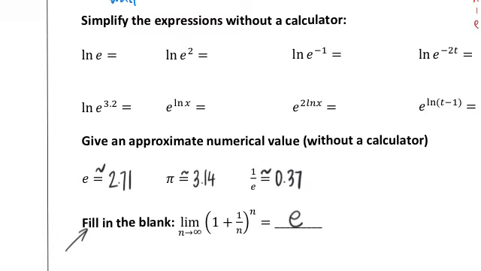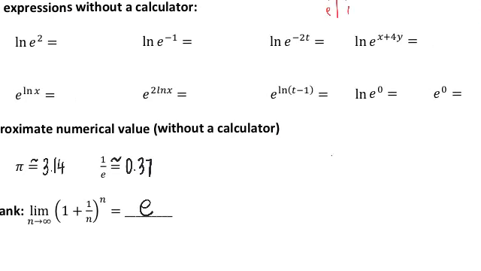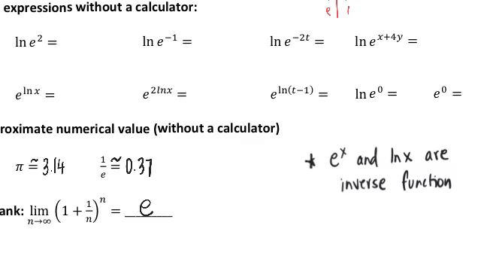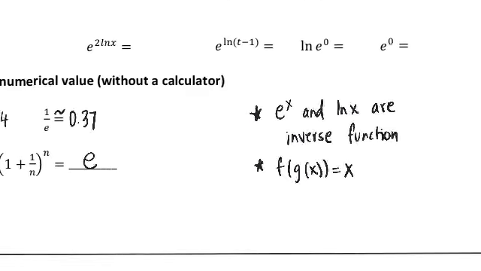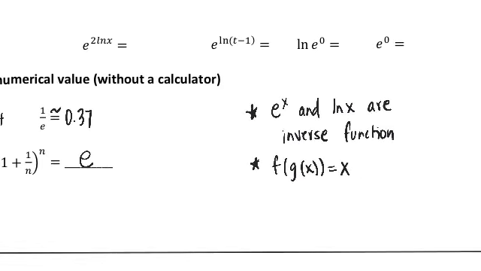Okay, now the last thing we need to know is the fact that e to the x and ln x are inverse functions, right? So that means that when we make a composite function, f of g of x, if you do this and you get x, that's what happens when you have inverse functions.